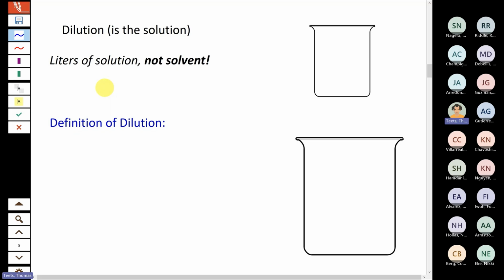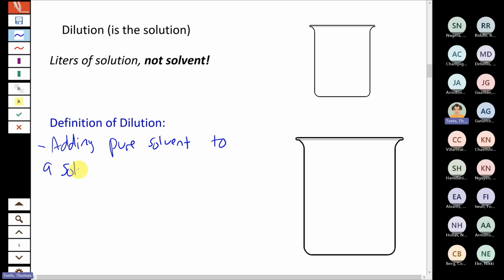There's a saying that the EPA doesn't like, which is dilution is the solution to pollution, but that's not really what we're talking about here. We're talking about it from a chemistry context. Dilution means we have a solution of a certain molarity, solute dissolved in a solvent, and then we're going to add pure solvent to that to change the molarity, change the concentration.